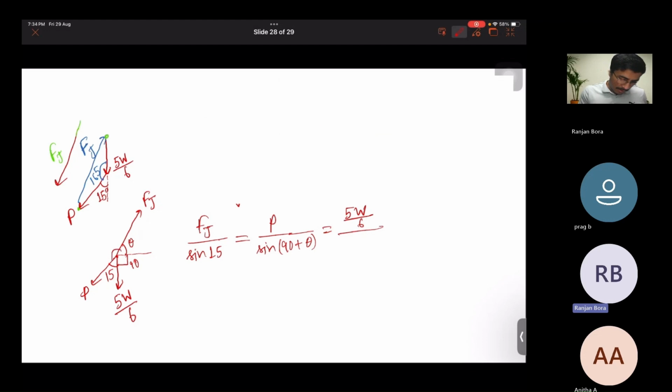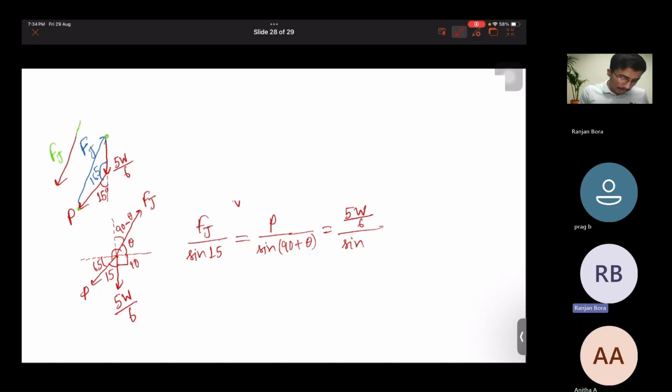And how much is this angle? Sine of, this is 65, then this is 90 minus theta.